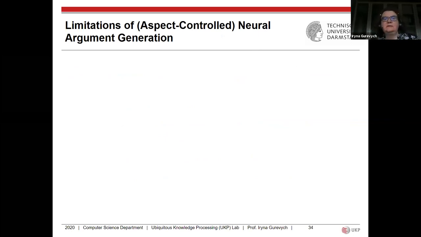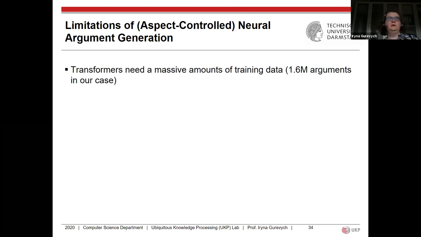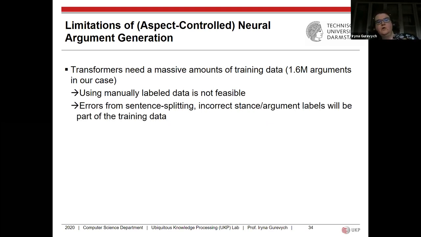And as I said, this work is still in progress, so we are working on some of the aspects. First, transformers need a massive amount of training data. So we only had 8 topics for which we used 1.6 million arguments. And there is no possibility to use manually labeled data of higher quality in such a scenario.